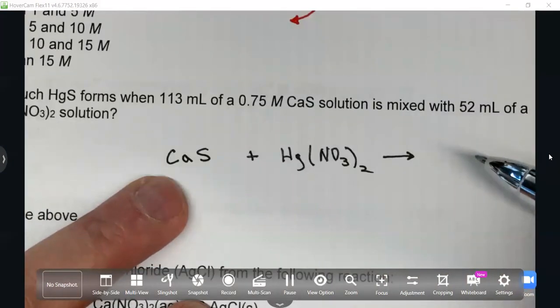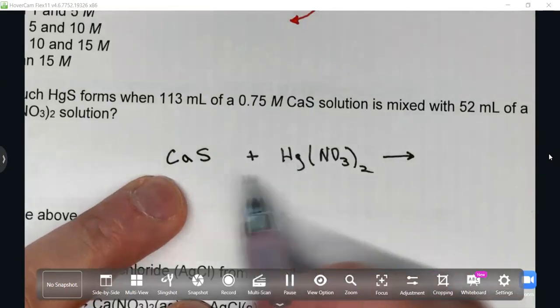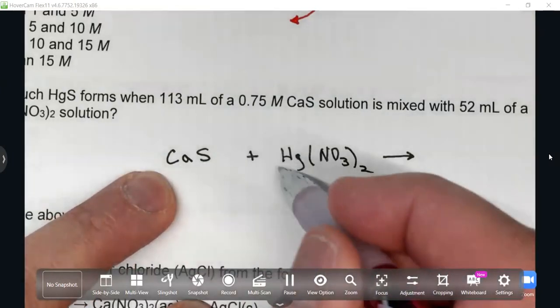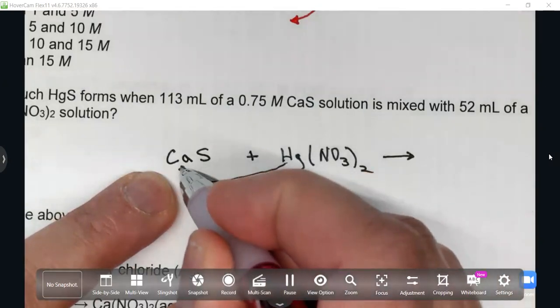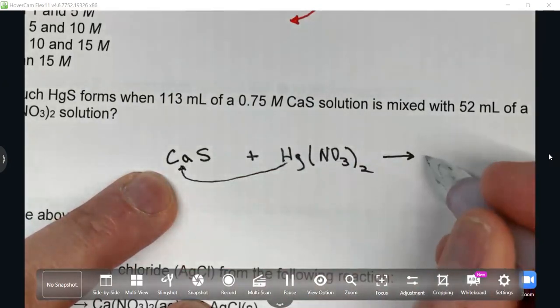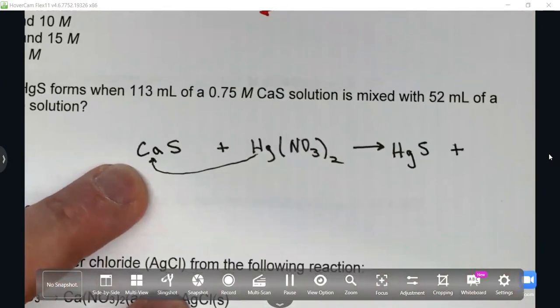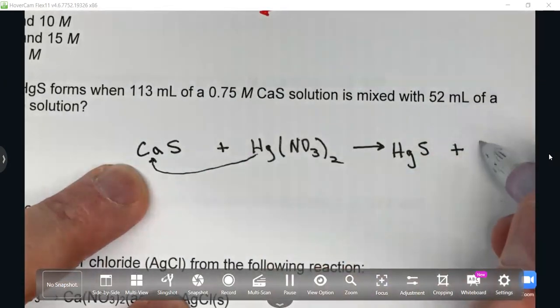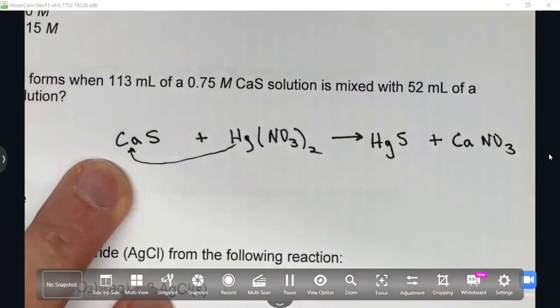So this is double replacement. Mercury takes the place of calcium. I'm going to actually have to write it. I'm going to go this way first, I guess. So we're going to end up with HgS plus calcium nitrate. Let's put in our oxidation states.